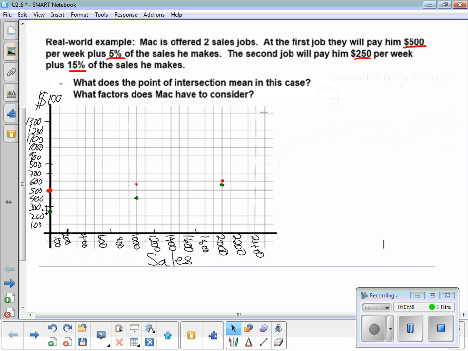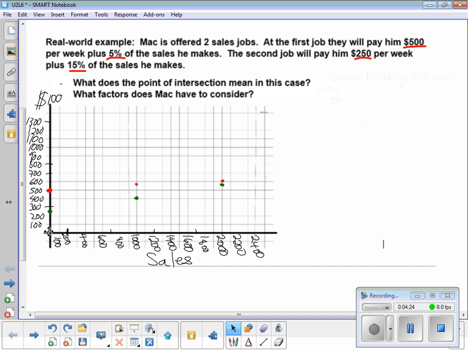So along the y-axis, I've put the money. For each square, I've used $100, so that by the time I get up, it's 100, 200, 300, 400. That's what you need to do on yours, and it's going to take a while, and probably the supply teacher will have to stop, and that's all right. Along the bottom is where I'm going to put the sales.